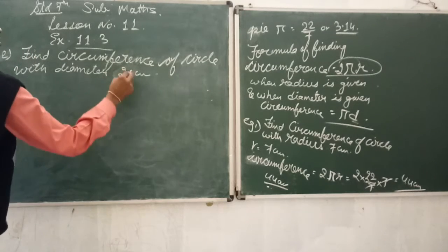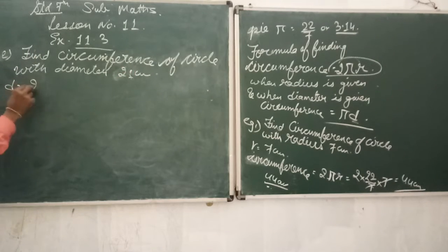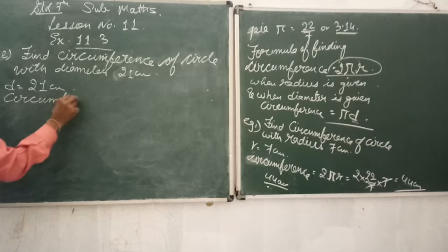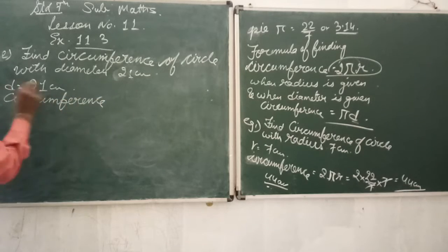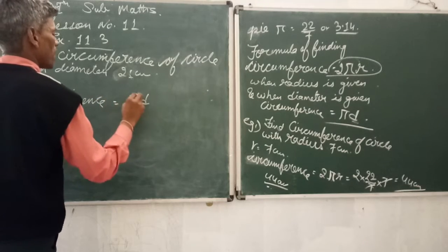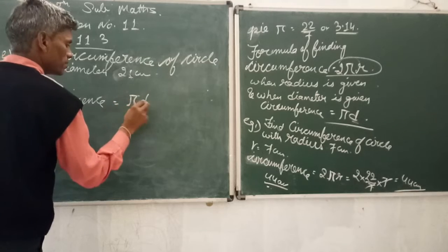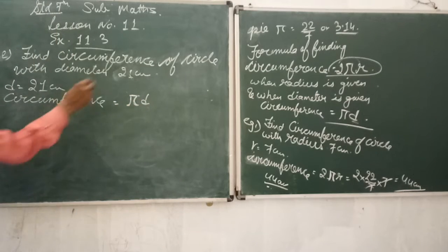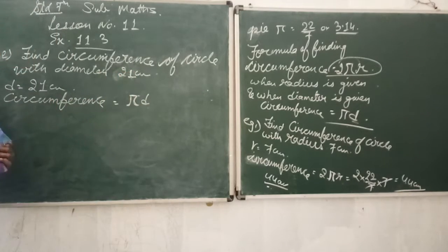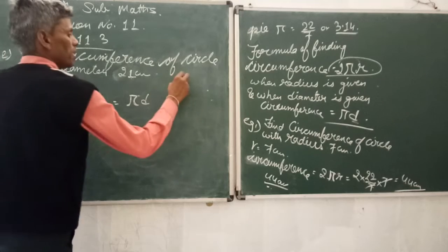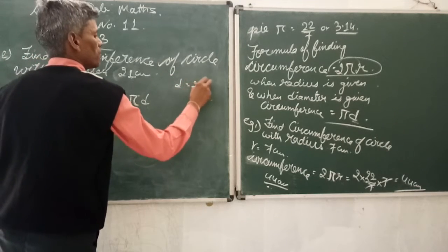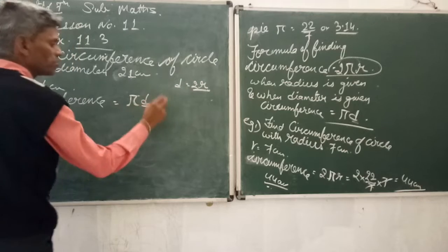Here the diameter is 21 centimeter. Circumference is pi d. Why are we using pi d? Because diameter is given. We know that diameter is equal to 2 into r, so instead of 2r we will use d.